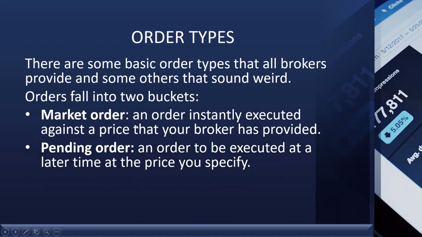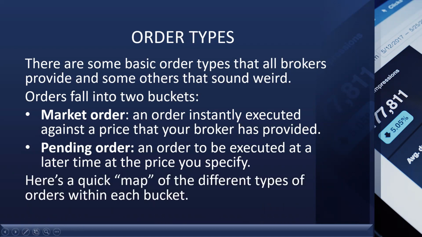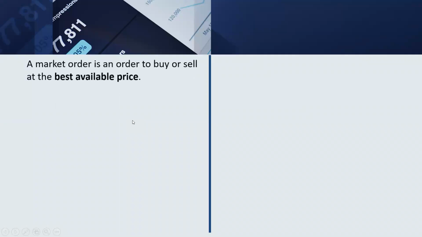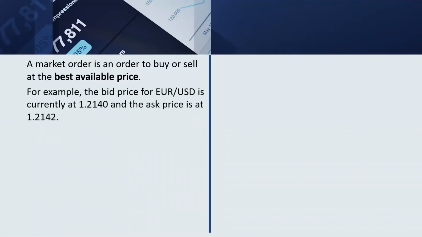The market order is an order which is instantly executed against a price that your broker has provided, while the pending order is an order that you place at a particular point and you expect the market to get to that place later on to be activated. You get? So the two categories of order types in Forex are the market order and the pending order.